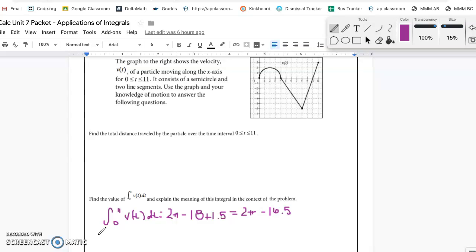the displacement of the particle. Sorry, this is very slow.